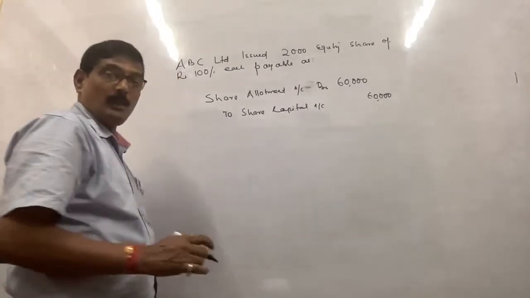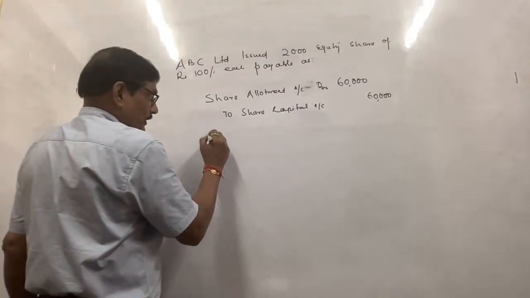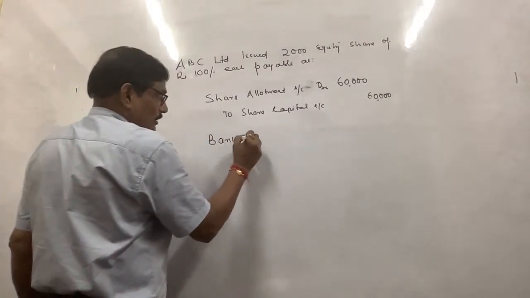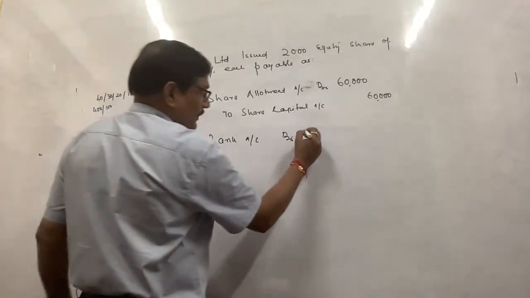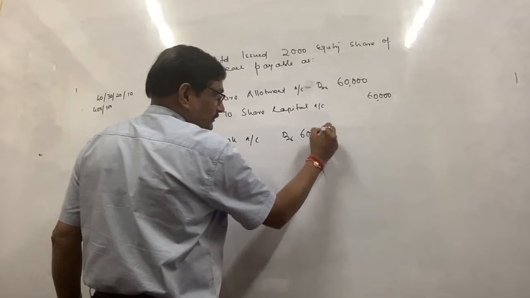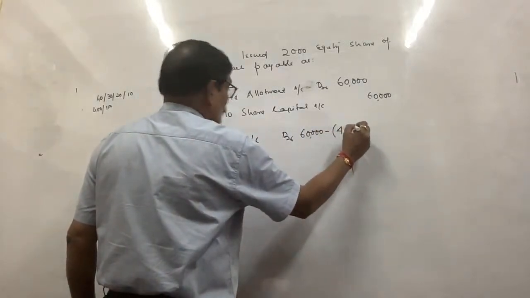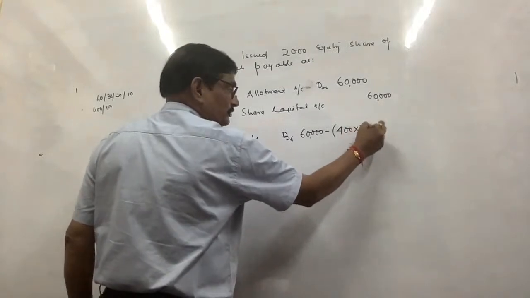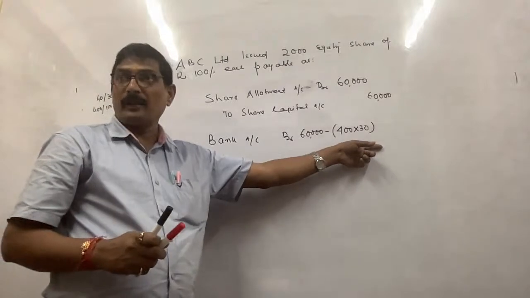Now you see, if we start with calls in arrear account, in that case, we will receive how much? Bank account debited. Now you see, I was supposed to receive 60,000 and I am not receiving 400 into 30. In examination, you should not write in this way.